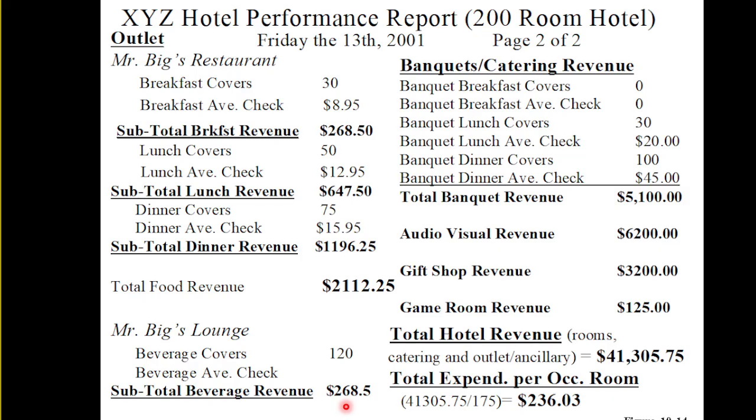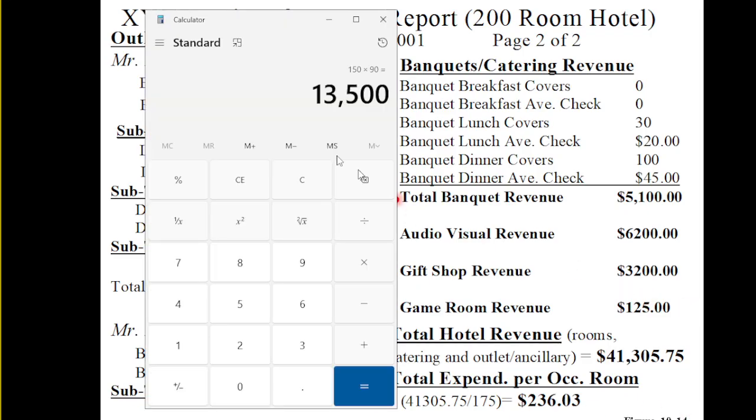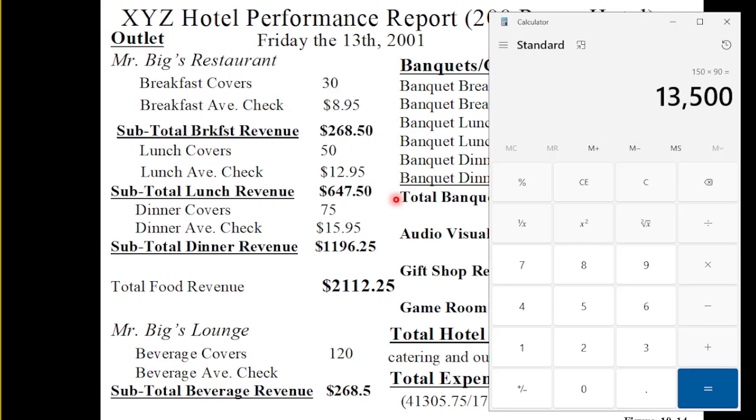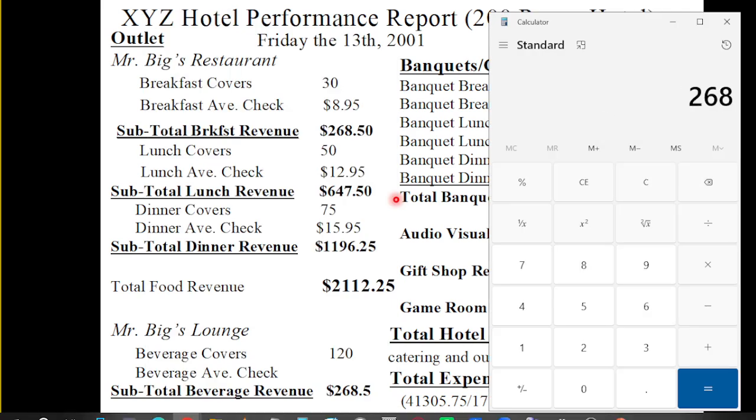That is 268.5 divided by 120, that is $2.24.